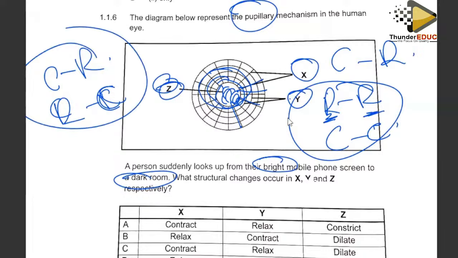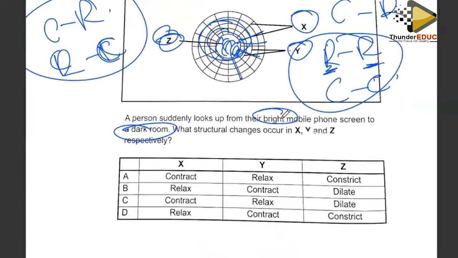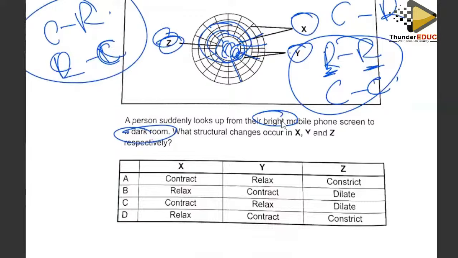It means that in dim light, the circular muscles will relax. And then the radial muscles must do what? Must contract.